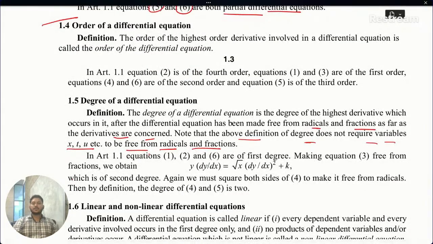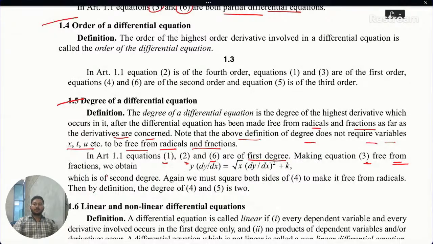Here are some equations related to the degree of a differential equation. The first, second, and sixth equations are first degree differential equations. Equation 3 is not free from radicals, since you have a root, so first make it a simple form.